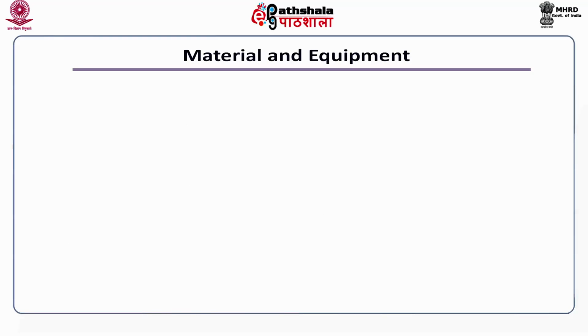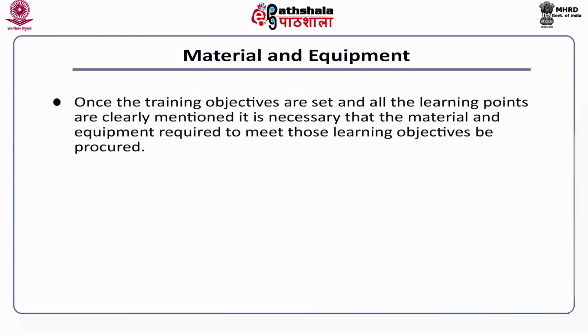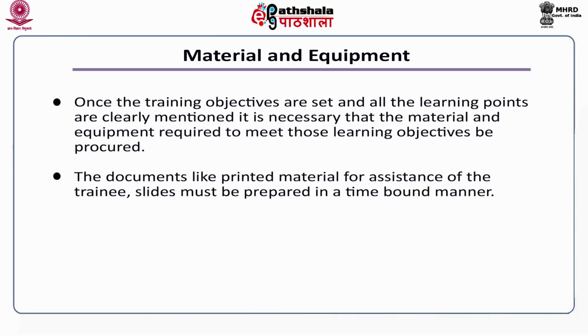Material and equipment. Once the training objectives are set and all the learning points are clearly mentioned, it is necessary that the material and equipment required to meet those learning objectives must be procured. The documents like printed material for assistance of the trainee and slides must be prepared in a time-bound manner.